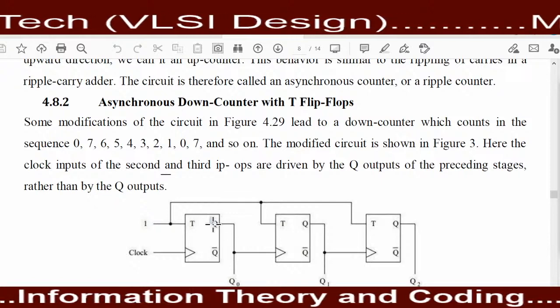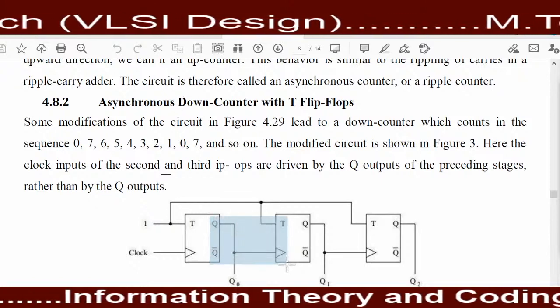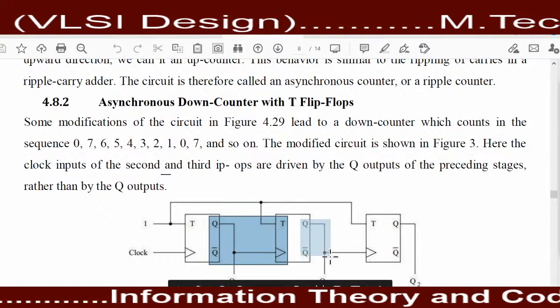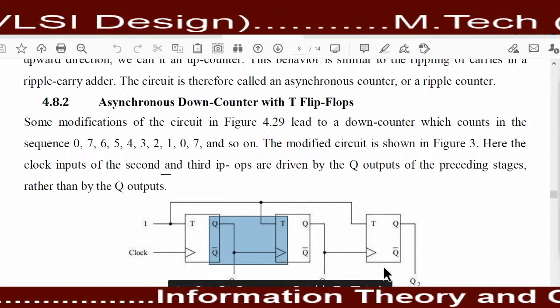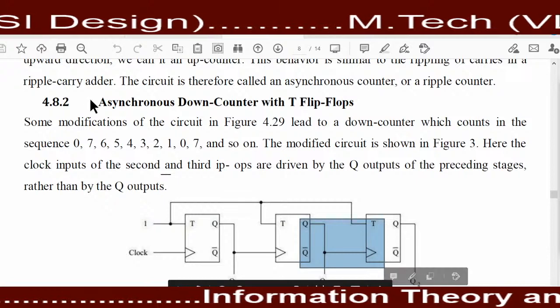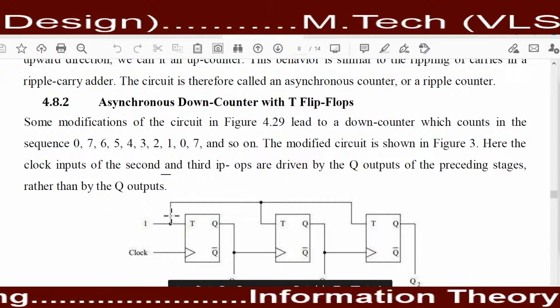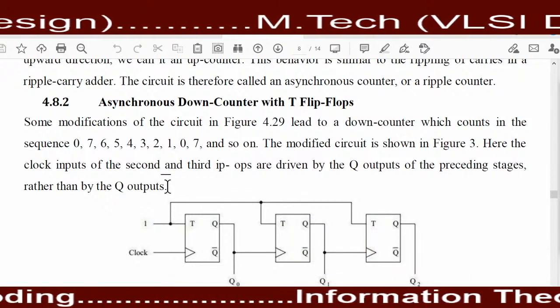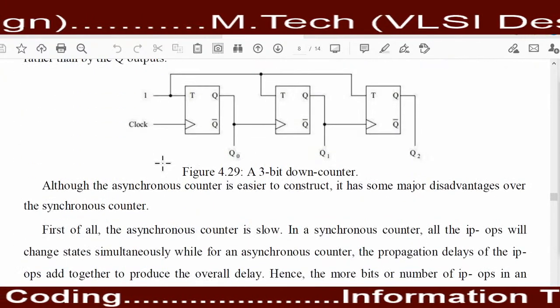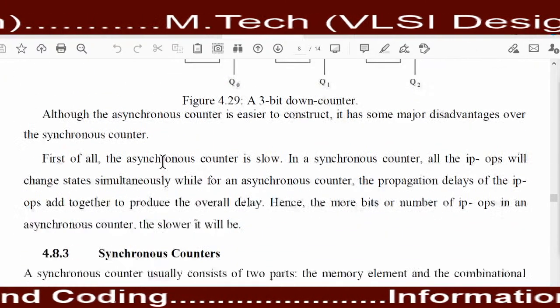And because the output of one acts as a clock pulse for the second, and the output of the second acts as a clock pulse for the third, this type of counter is known as an asynchronous counter. I think this topic is clear to all of you.